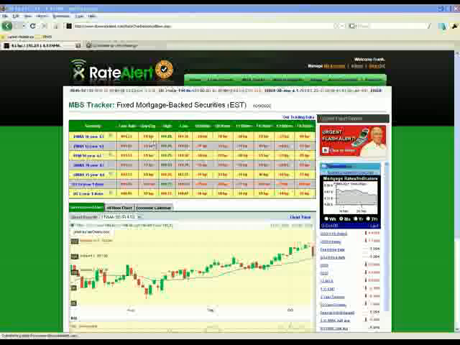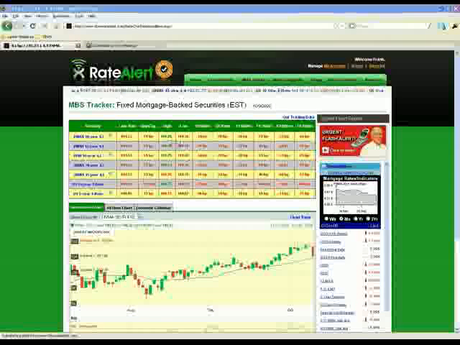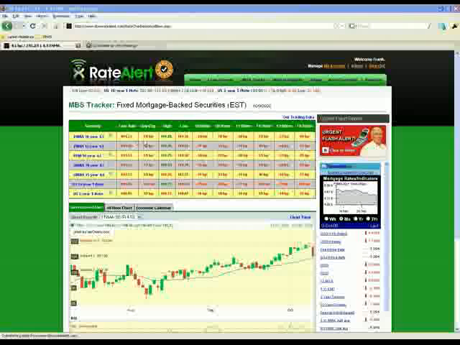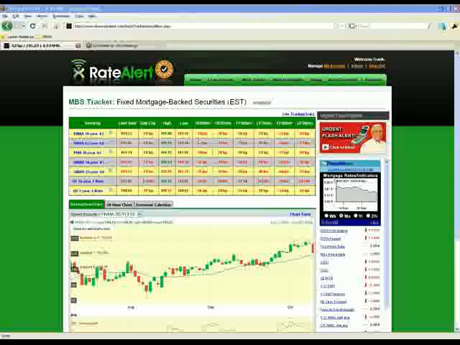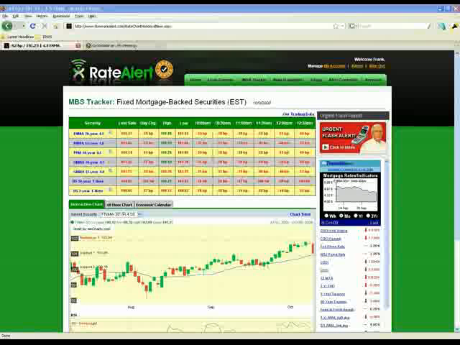Okay, fantastic. And then we have day change, negative 61 basis points. Our system tracks in basis points, and I know some systems track in 32nds. Is there a difference? Is there anything better, or is it just one way of looking at it compared to another? Well, in the mortgage-backed security markets, the prices are based on 32nds.